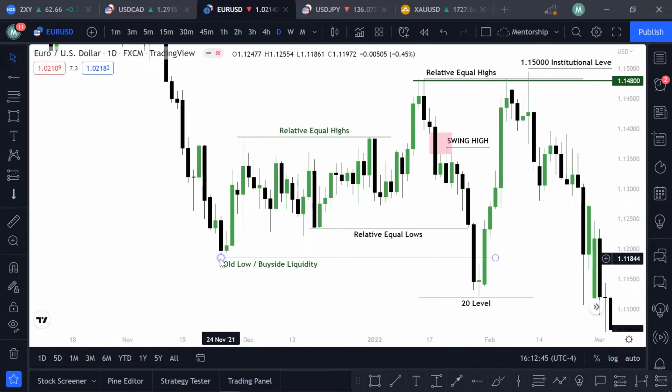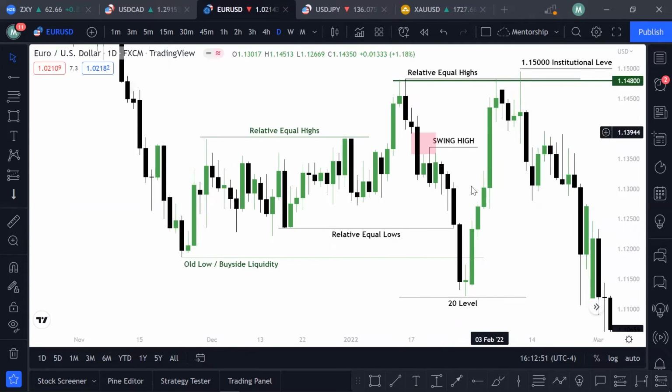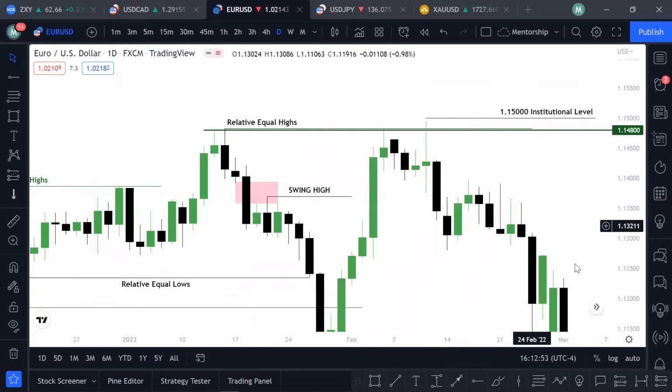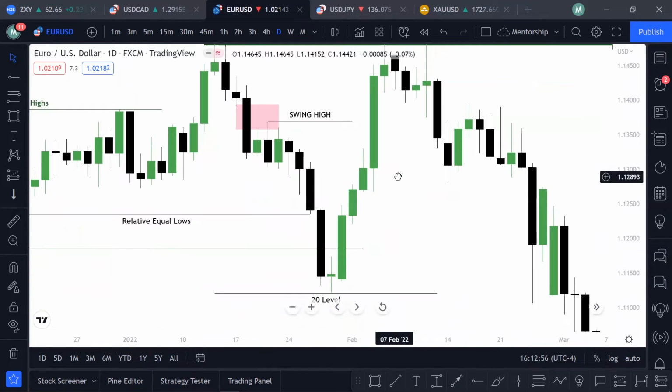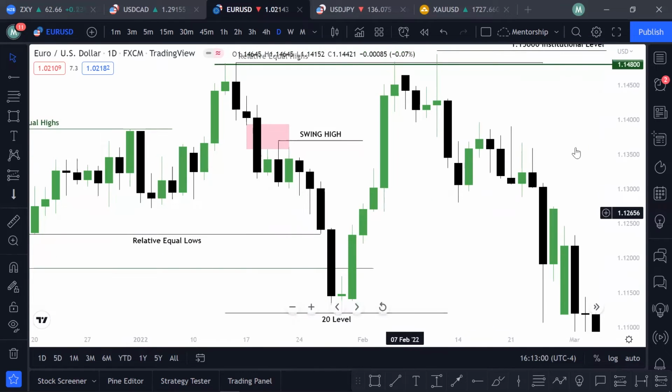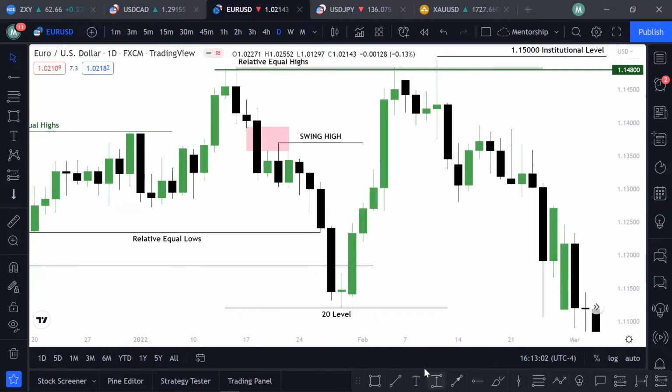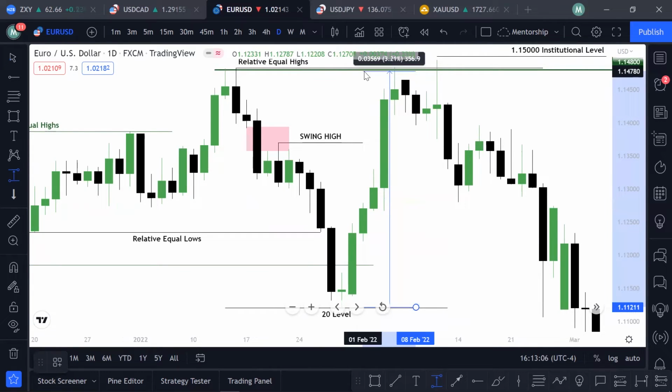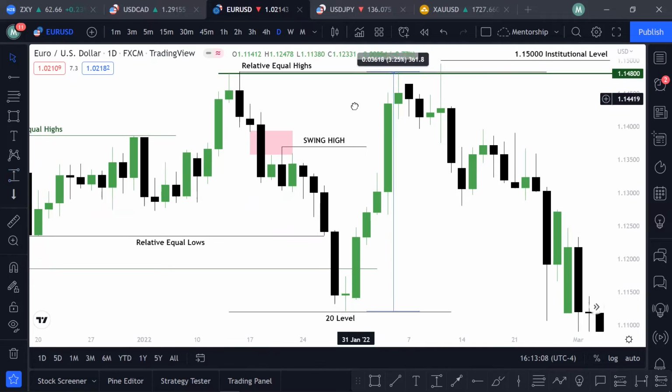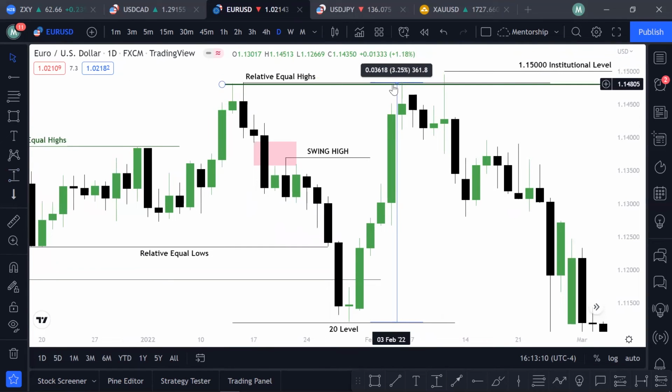Once price does this, it trades below this old low, then buys, not 3 days, but I think the whole week, 7 days, okay? Now, if you're a long-term investor, let's look at the number of pips. These are 300 plus pips.